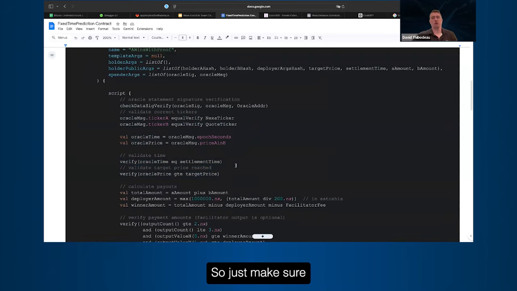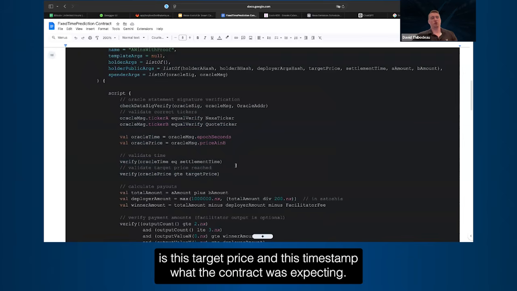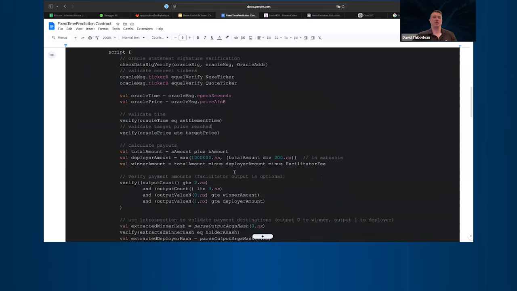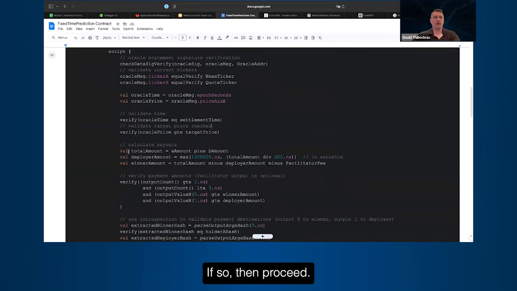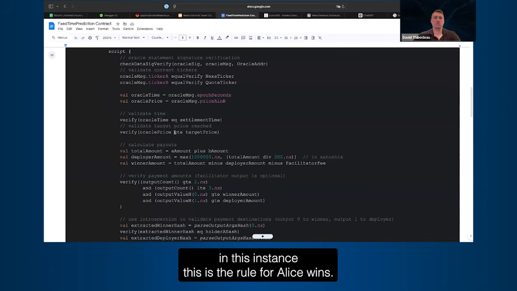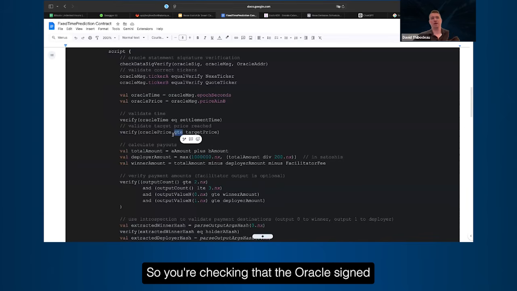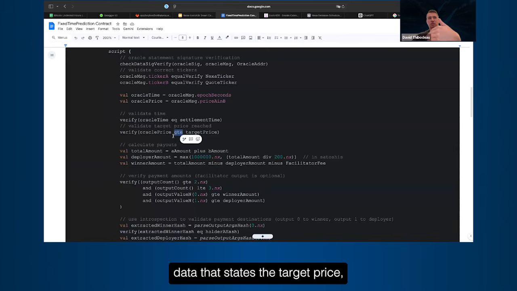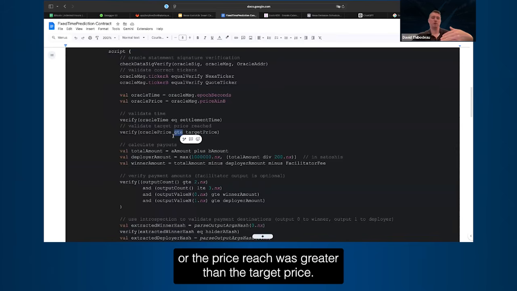So it just makes sure, is this target price and this timestamp what the contract was expecting? If so, then proceed. And you're verifying that in this instance, this is the rule for Alice wins. So you're checking that the Oracle signed data that states the target price or the price reached was greater than the target price.